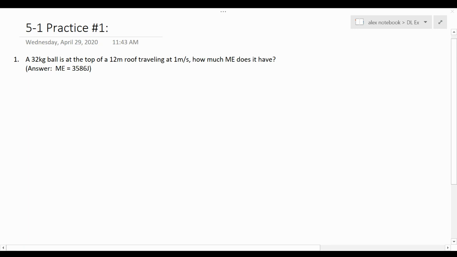All right, so first of all, let's take a look at what we're looking for. The question asks us to find mechanical energy. Now, mechanical energy is the sum of all the individual energies.